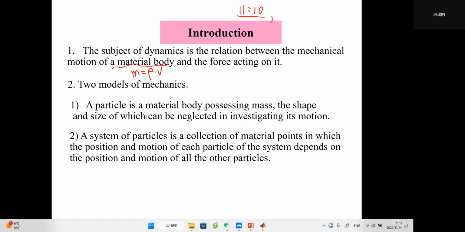So a particle is a material body precise in mass, the shape and the size of which can be neglected in investigating its motion, right? So you guys can think about that a particle is an ideal model, it is a model.